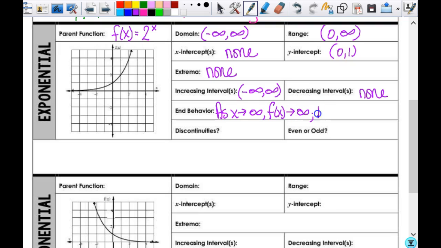Infinity. And then as x approaches negative infinity, f of x approaches 0. Very good. Are there any discontinuities? Nope. None. Is this even, odd, or neither? Does it have y-axis symmetry? Nope. Does it have origin symmetry? Nope. That means it's neither.